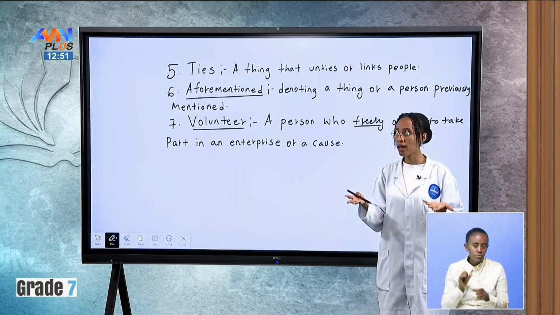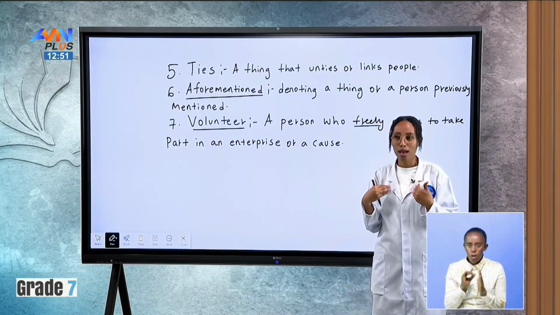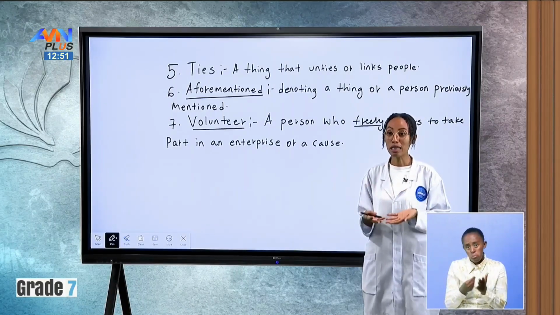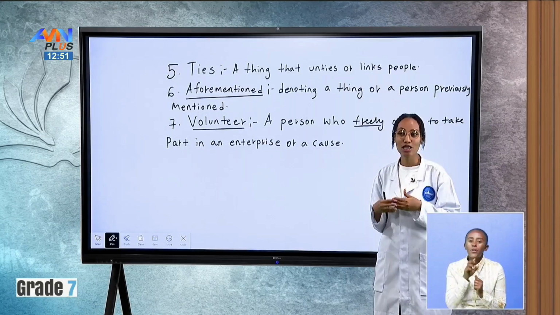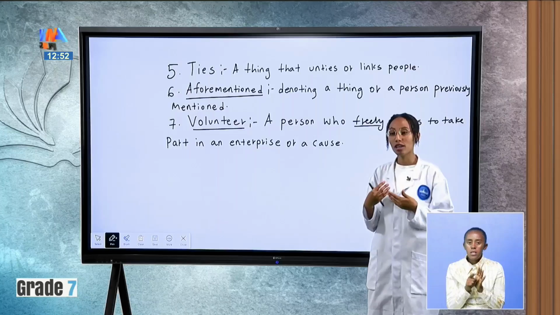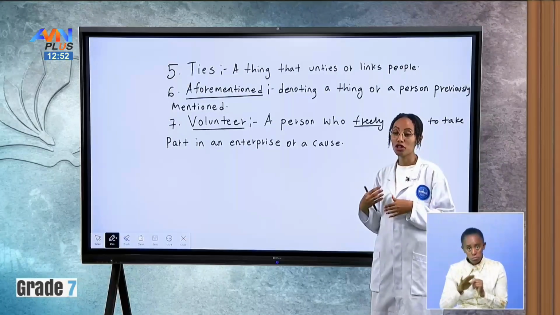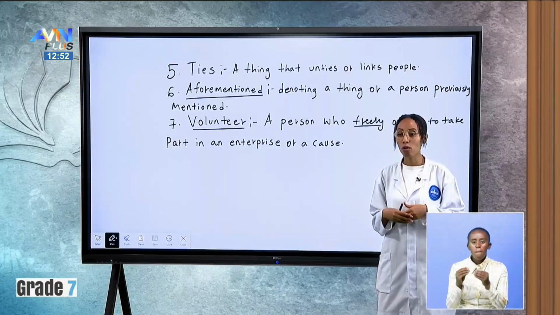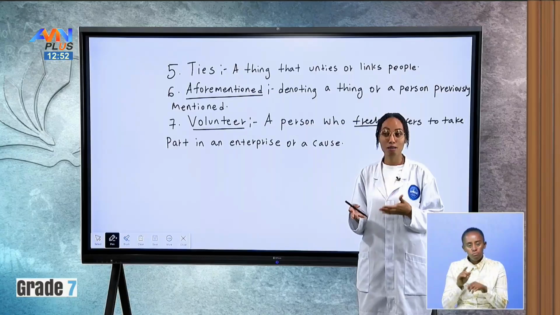So you may ask, how can I volunteer? I am a student. I can't do anything. I don't have money. I don't have the means. But you do. You are at this age in your life. You can, for example, tutor young children or teach young children how to read or how to do math or also science. So this is volunteering.